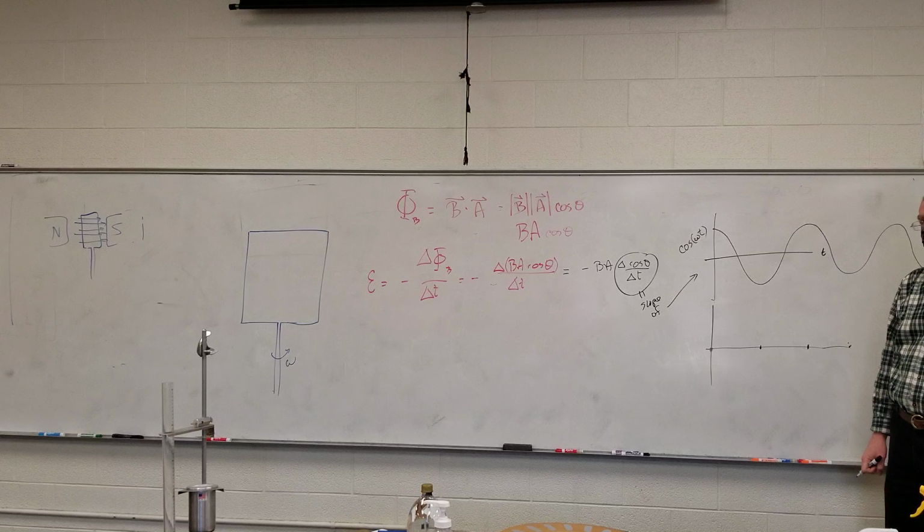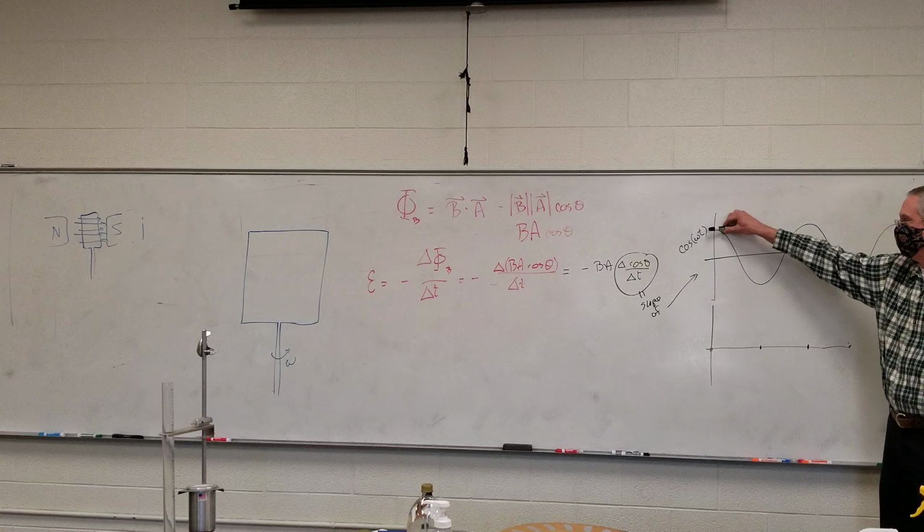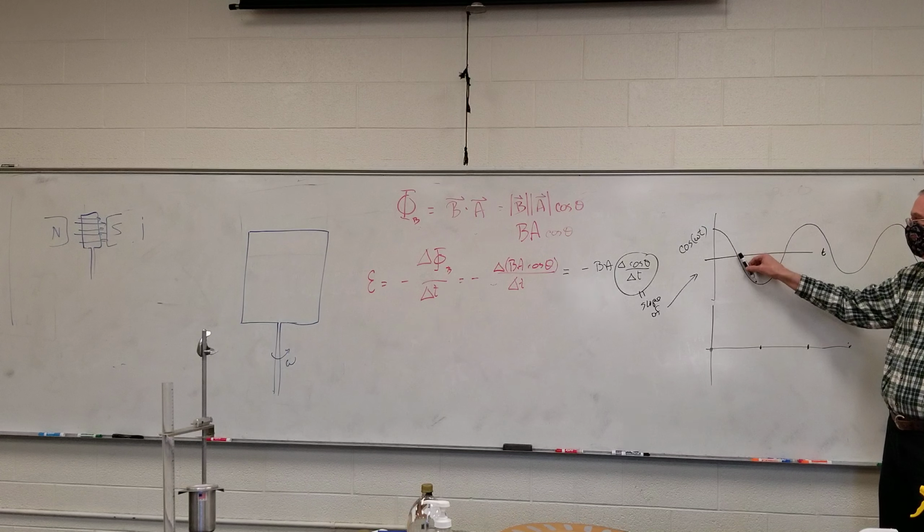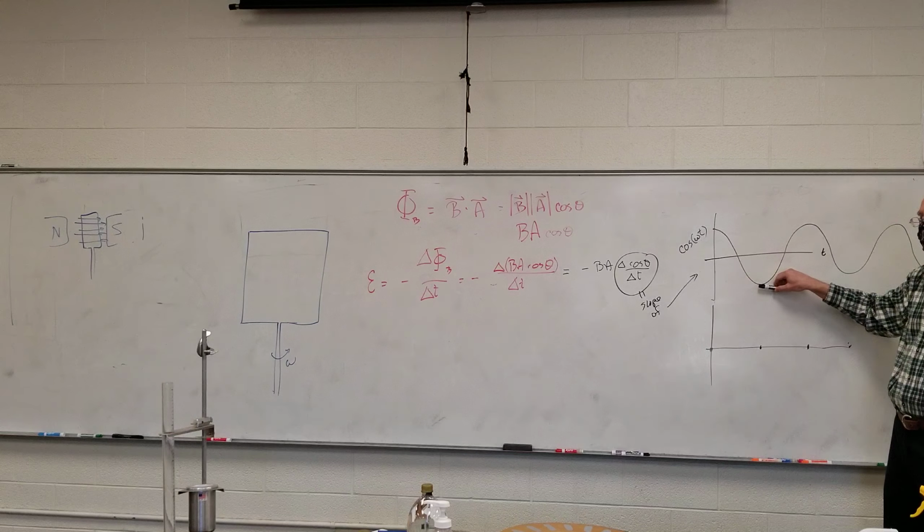It's decreasing? Well, it depends on what you mean by decreasing. My slope is 0 there, then it becomes more negative, and then it becomes less negative, so at which point are you considering that decreasing?